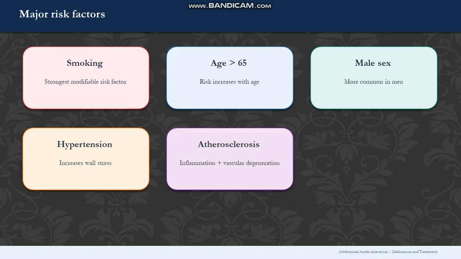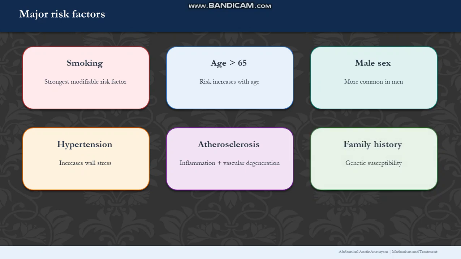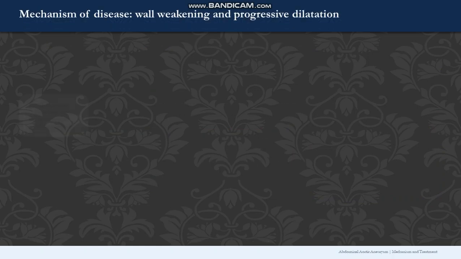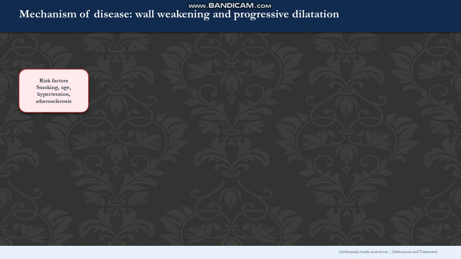Atherosclerosis and family history. Genetics might play a key role in this. Mechanism by which wall weakening and progressive dilation happen.